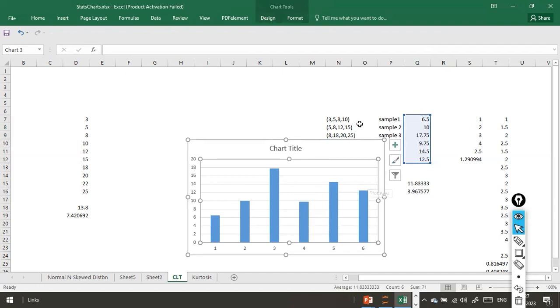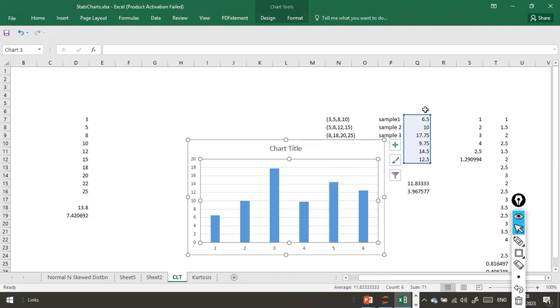So we have randomly sampled the data from the population and I calculate the mean for each sample. With these 10 data points in the population and small samples, each sample size is 4 only, you can see some kind of normal distribution here.